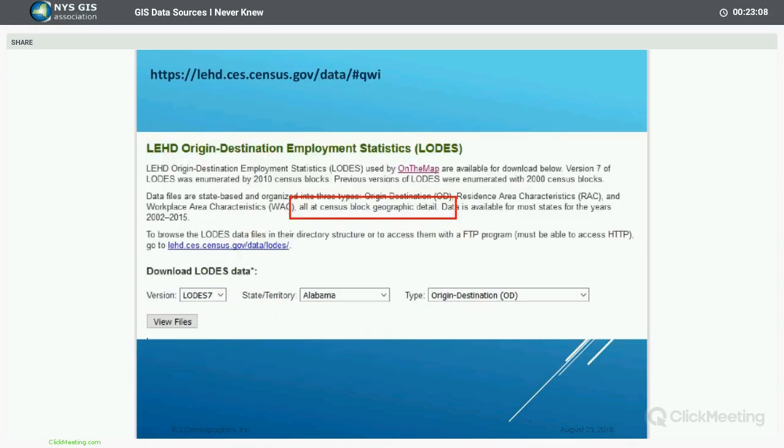And again, you're not necessarily, as GIS professionals, going to use the on the map. You want the data. And this is just one portion of the data access page at Census. It gives you the origin and destination employment statistics, all at the census block geographic level.